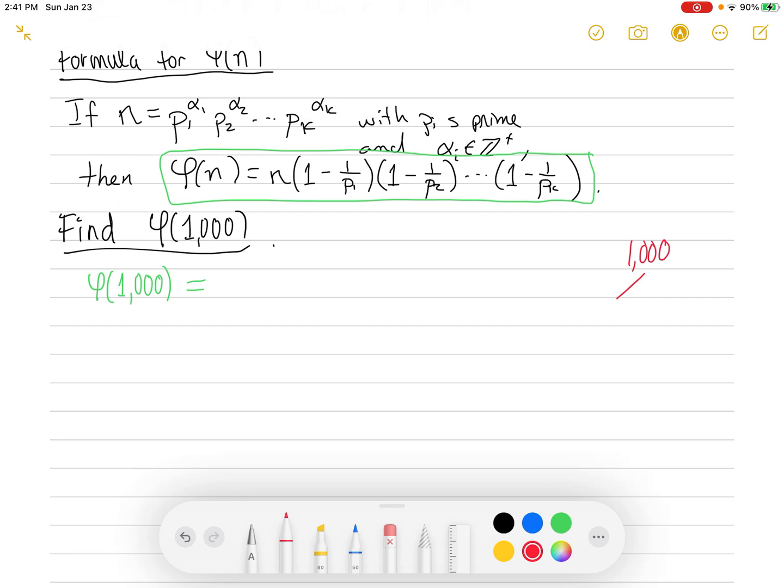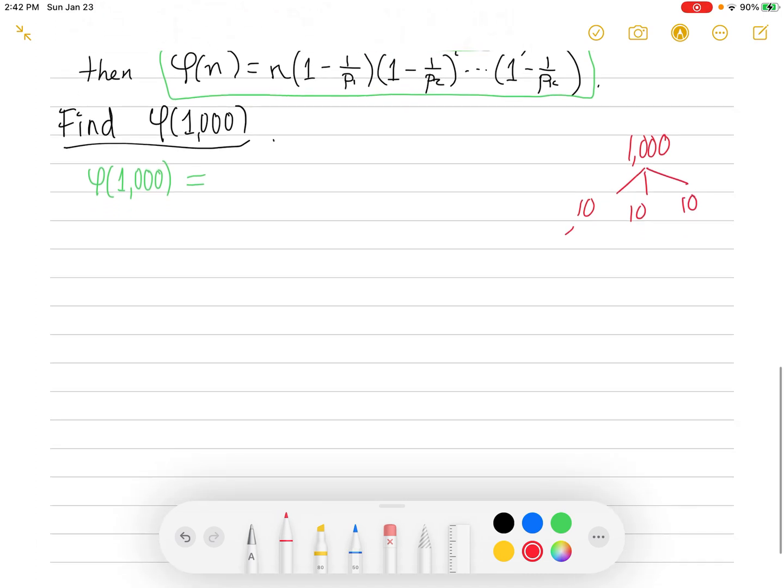We're going to do a prime factor tree on 1,000. 1,000 is 10 times 10 times 10, right? And the 10s break down into 2 times 5, those are primes, 2 times 5, those are primes, and 2 times 5, those are primes.